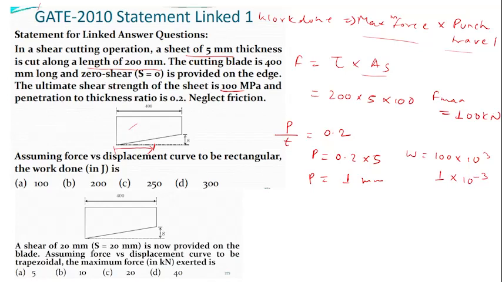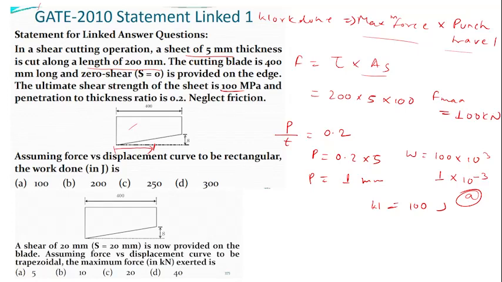This was in mm, this was in kilonewton. So your work done will be 100 joules, right? So your option A is correct. Go from the basics only, everything is given in your question. Now move on to the second part.